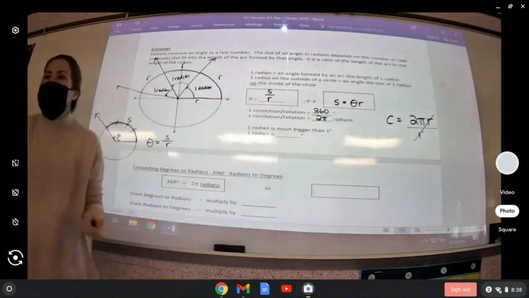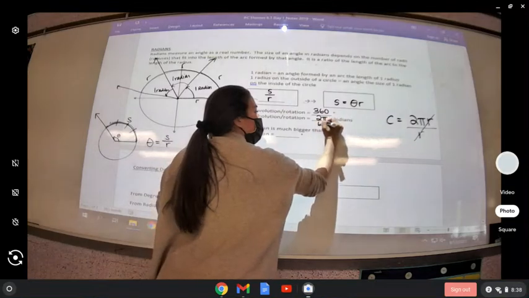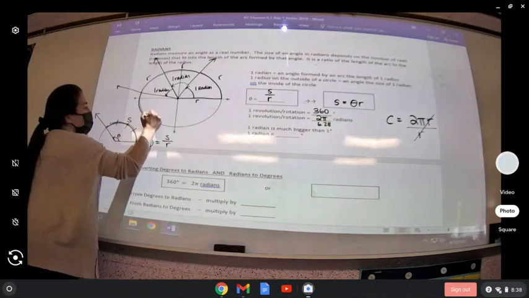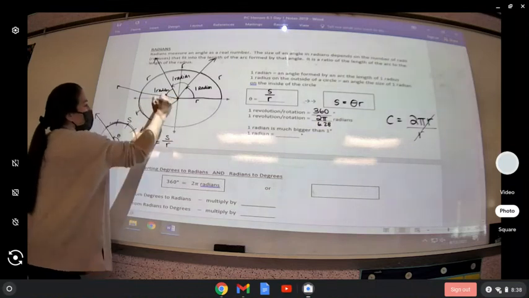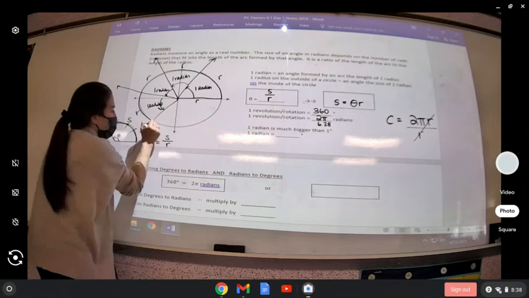So guys, 2 pi, it's 2 times 3.14. That's roughly 6.28 radians. So that means about 6, right? Hold on, I'm just trying to draw the picture.